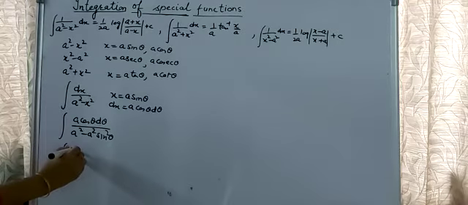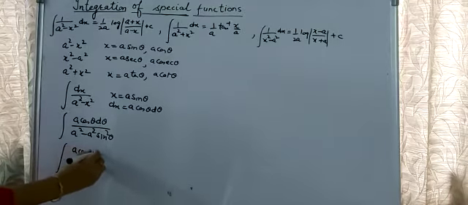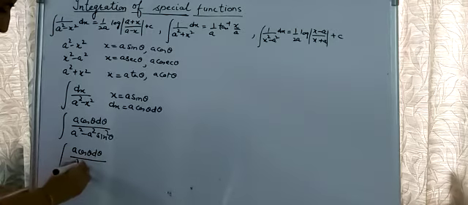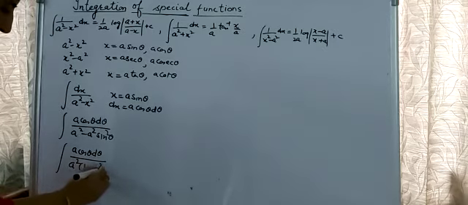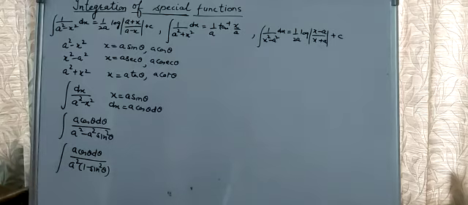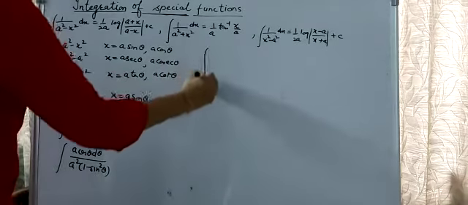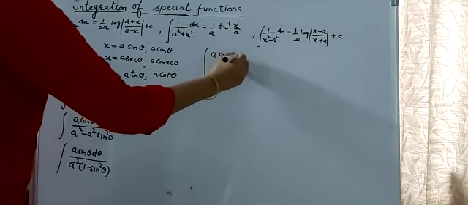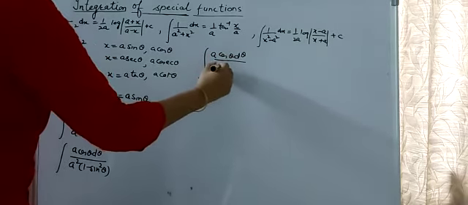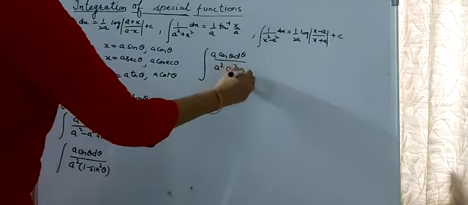Now we take a square common. So you will get 1 minus sin square theta. And we know that 1 minus sin square theta is equal to cos square theta. So this will come out as a cos theta d theta upon a square cos square theta.